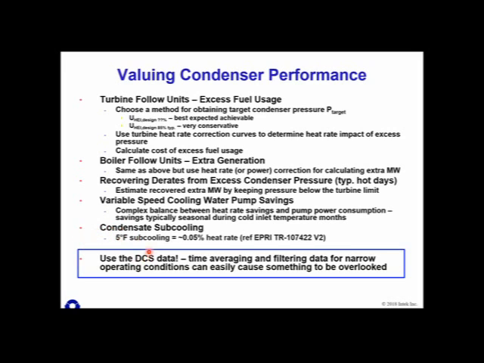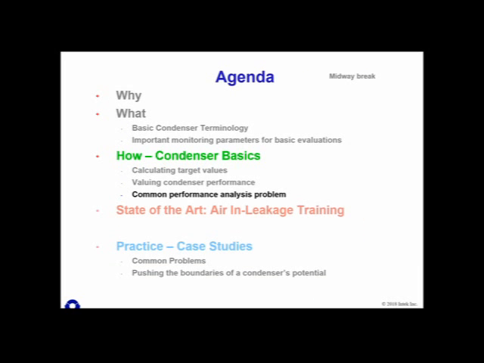For every 5 degrees you are subcooled in the hotwell condensate, it's about a 0.05% heat rate impact. Okay, so that's kind of the fundamentals for valuing excess back pressure.